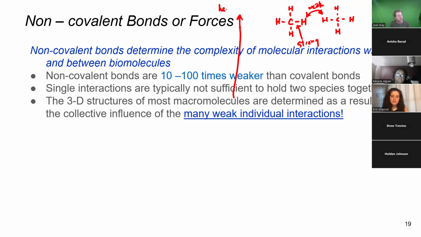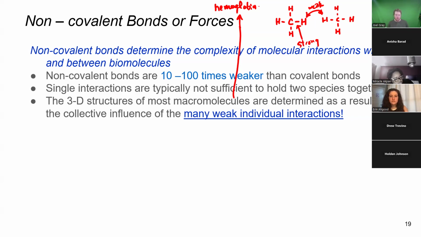Is anyone familiar with hemoglobin? Hemoglobin is an oxygen transporting protein, essential for me to do this. I really like hemoglobin. Now, has anyone ever heard of sickle cell anemia? Sickle cell anemia is a disease state caused by a mutation in hemoglobin.